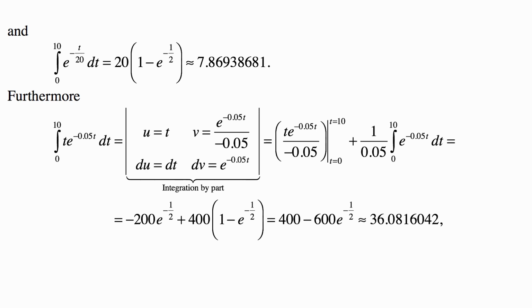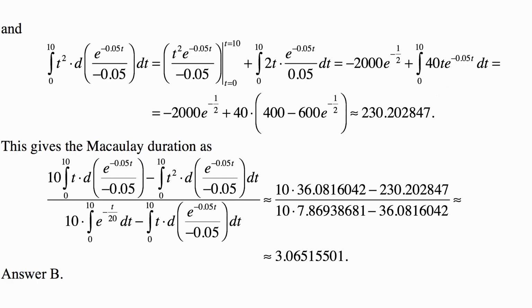So the first expression is equal to minus 200 e to the minus 1/2, plus 400 times (1 minus e to the minus 1/2). So this is exactly 400 minus 600 e to the minus 1/2, and that's approximately 36.0816042.